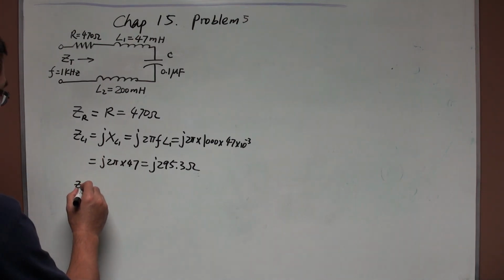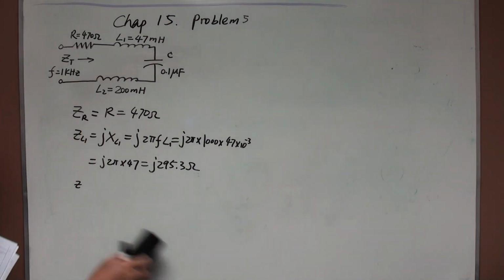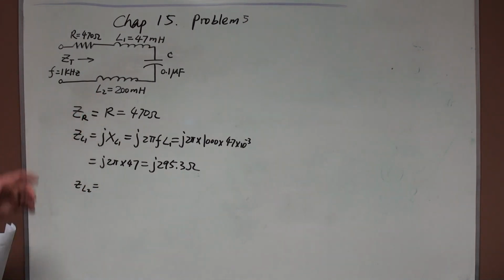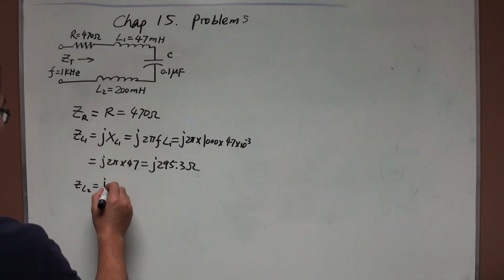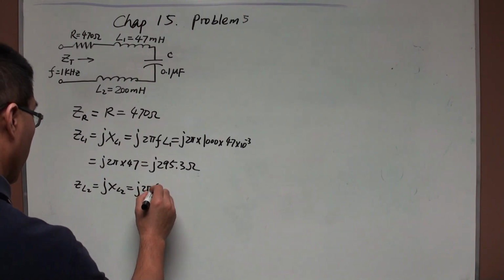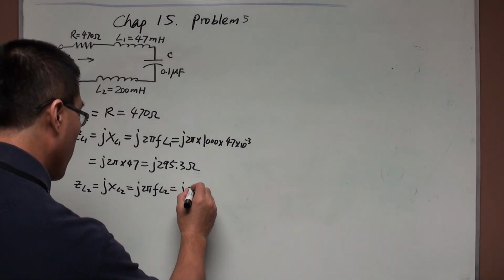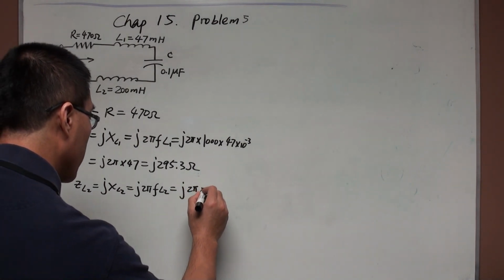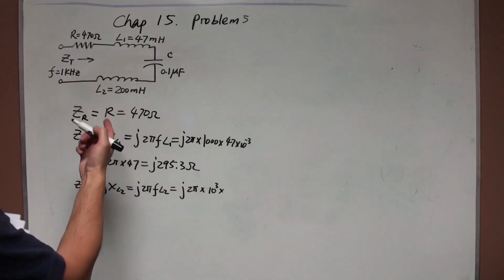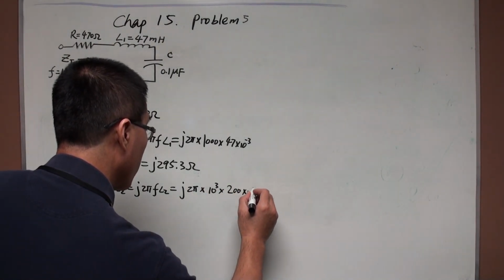And the impedance for L2. L2 is also an inductor, so we can just use the same thing, jXL2. So it's j 2 pi f L2. So it's equal to j 2 pi times 1K, which is 10 to the power of 3, times the inductance, 200 millihenry, times 10 to the power of negative 3.